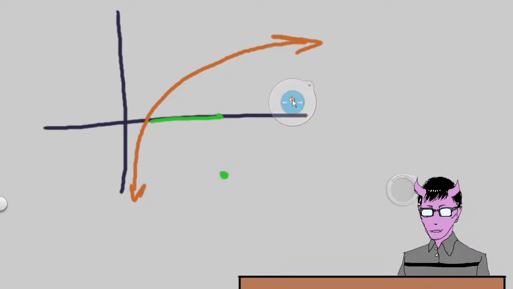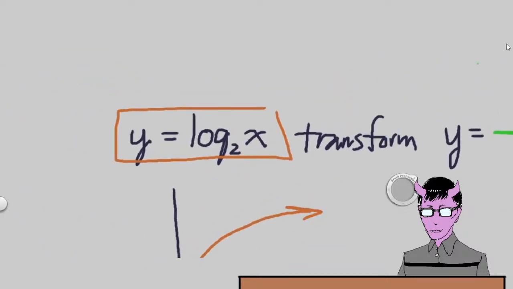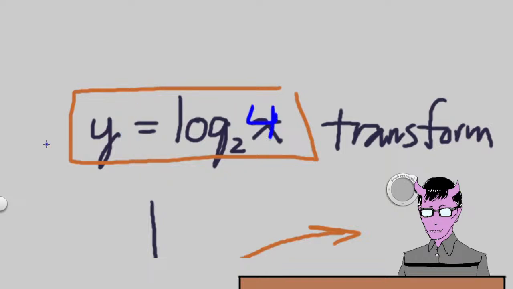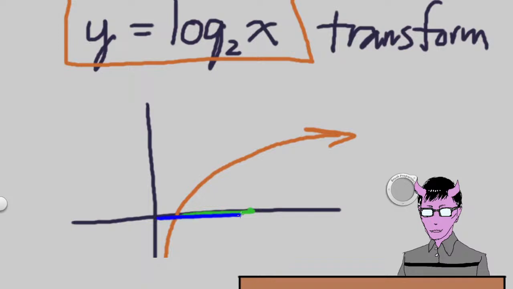Now let me put a concrete value for the parent function. If you put 4, then you get positive 2.